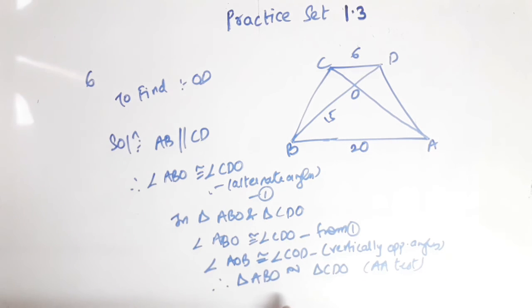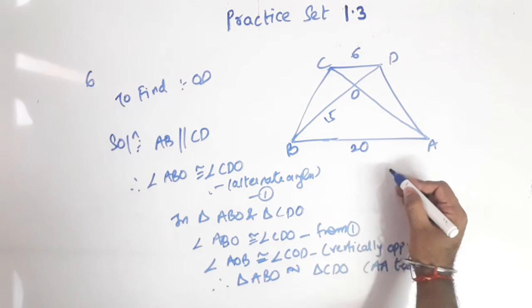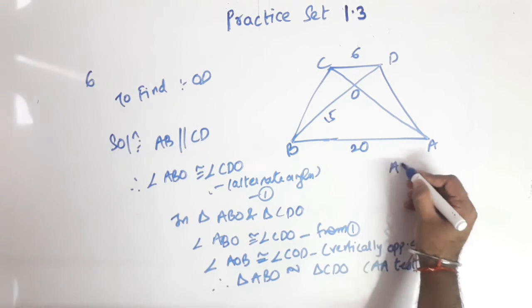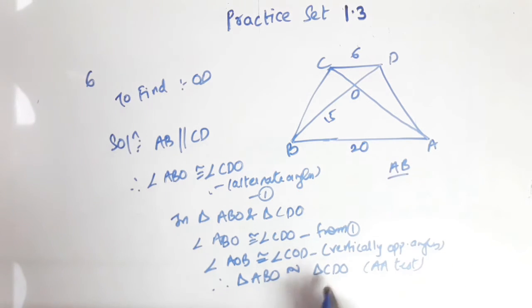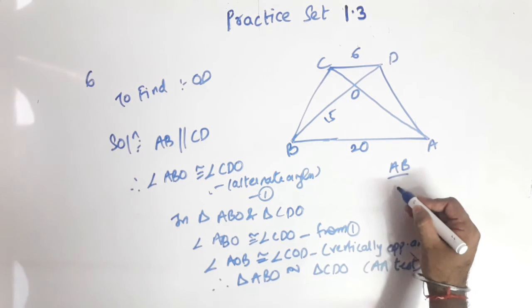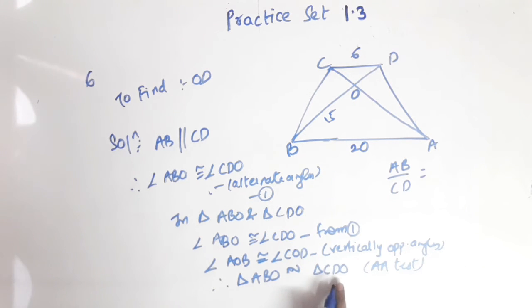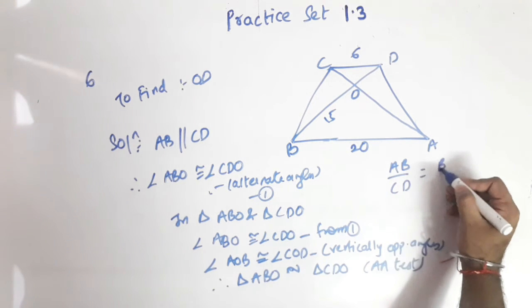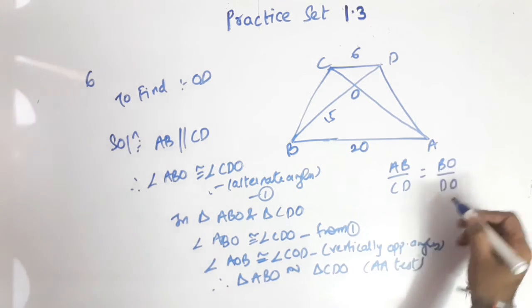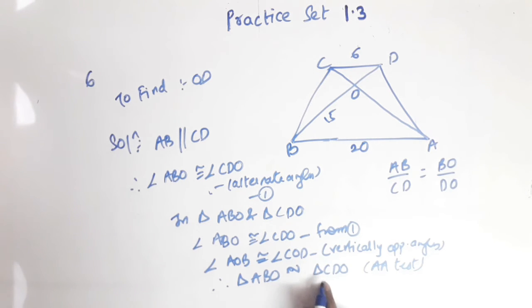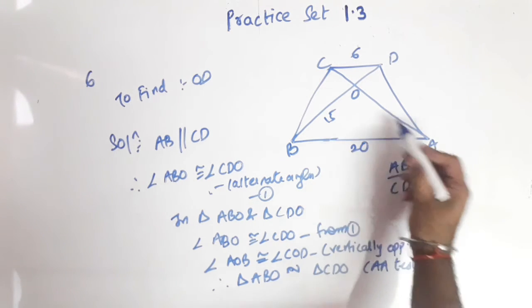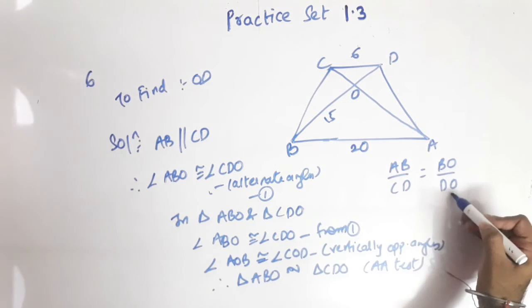Once you get this, you can write CSST. What is CSST? AB upon CD equals BO upon DO. I can also write AO upon CO, but it is not required here because we want to find only DO.